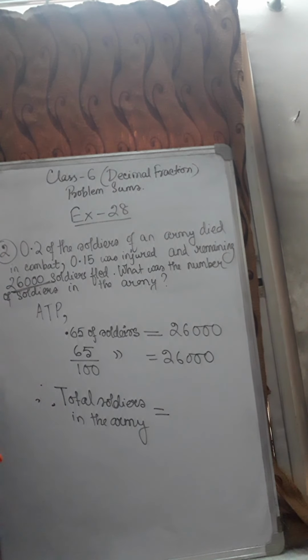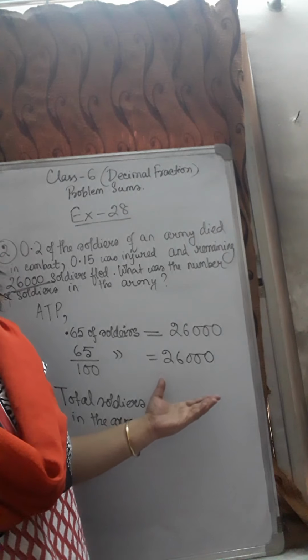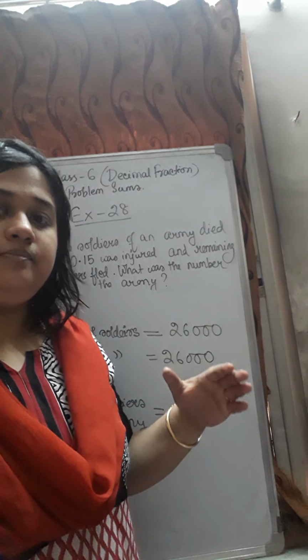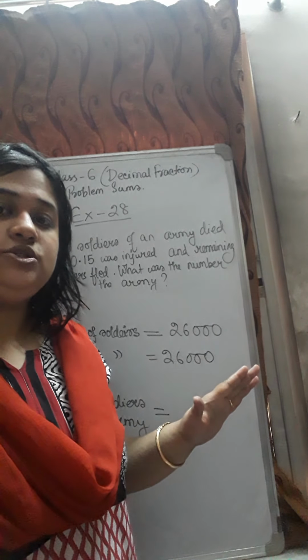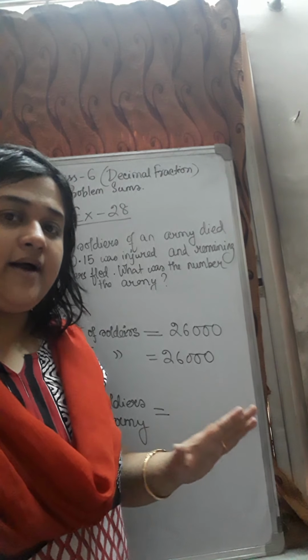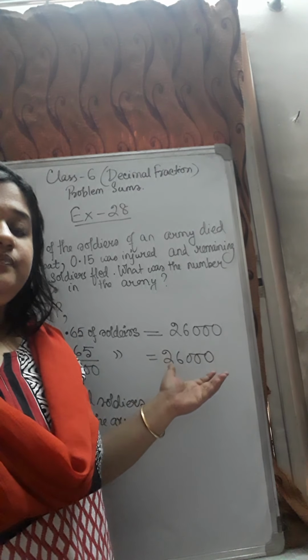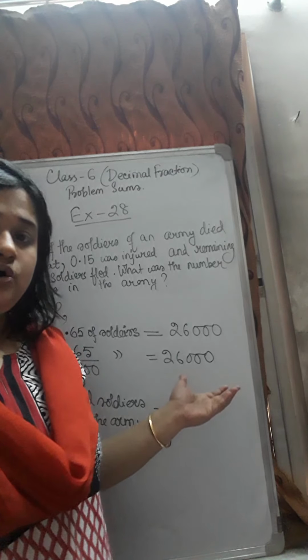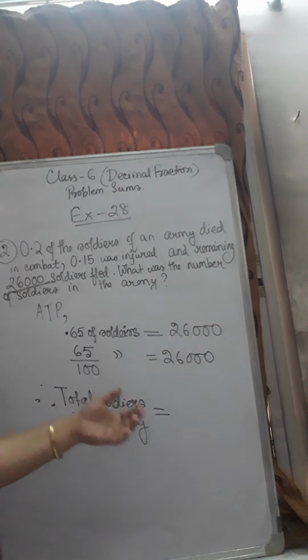It is obviously more. It is only showing the soldiers who ran away. But earlier, before the war, there were soldiers present who haven't died, who haven't been injured, and they were also present along with them. So total soldiers is of course more.